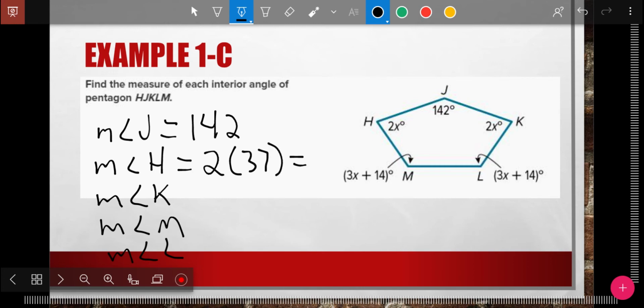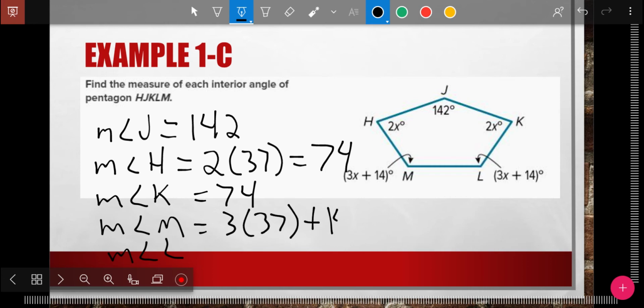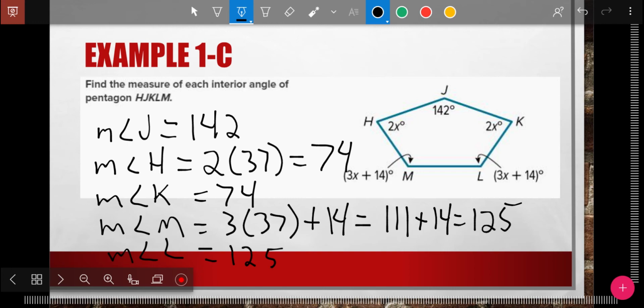So that makes H 2 times 37, 74. Well, K is the same as H because they're both 2x, so it's also 74. M is down here. It is this weird 3x plus 14. And so I have to do 3 times x, which is 37, plus 14. I take my calculator. 3 times 37 is 111, plus 14 is 125. And that makes L, because they're the same, also 125.